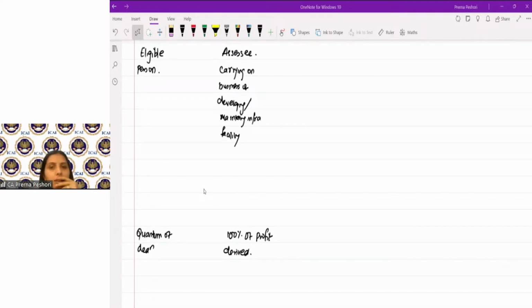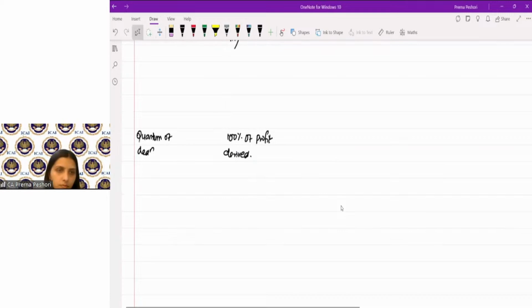And then there are additional conditions attached to it as to what is infrastructure facility, what are the industrial parks, what are the conditions for that, then what are the power generating units condition. All of that is given under the particular section. But the amount of deduction is 100%, and this is available for the period 10 years from the commencement of the business.